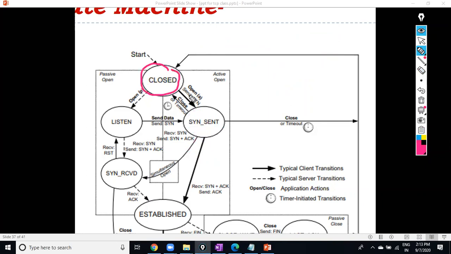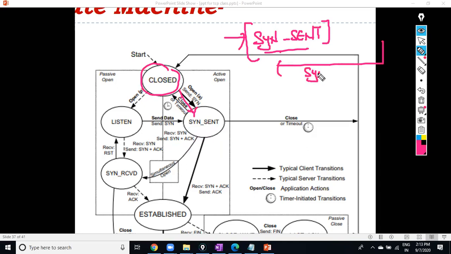You can say: closed, send SYN. Now when I have sent the SYN, my state is SYN sent. I have already sent the SYN, and now I'm expecting SYN plus acknowledgement.